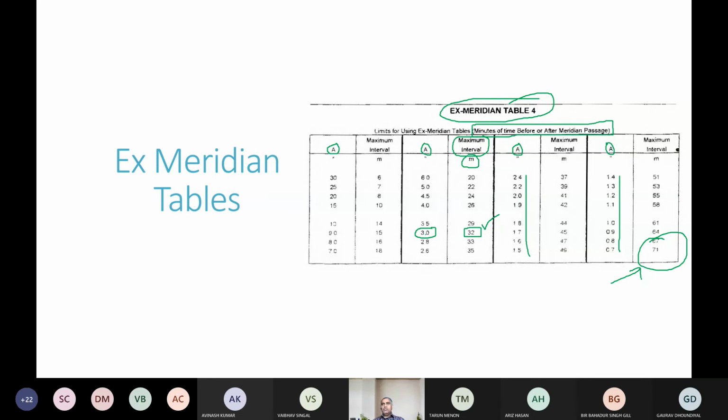This is an older edition of Norie's table. In the newer edition, the table is slightly modified. They have gone up to 75 minutes, I think, in the new table. So 71 or 75 minutes is the maximum interval of time for which an x meridian sight can be taken.